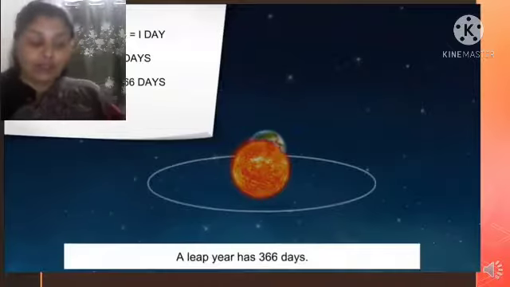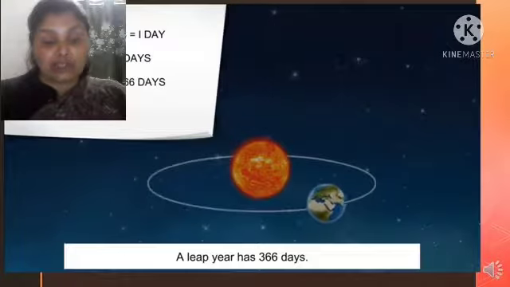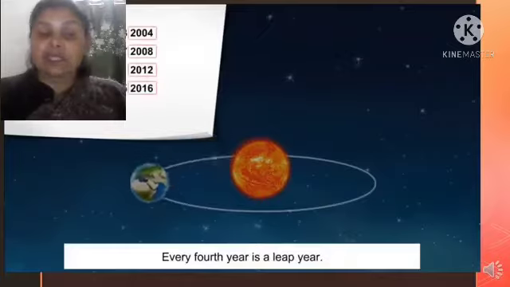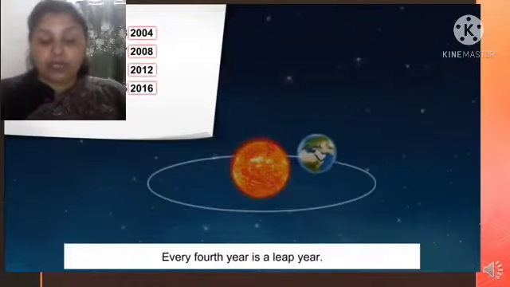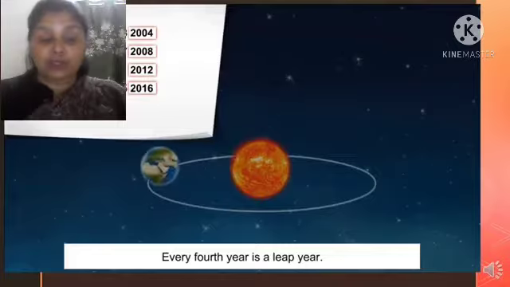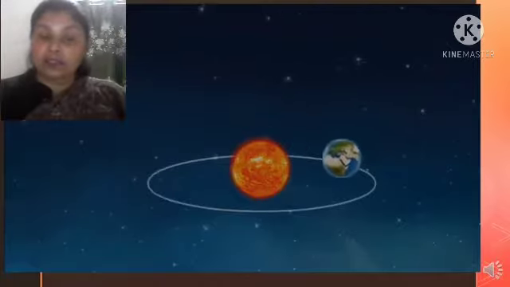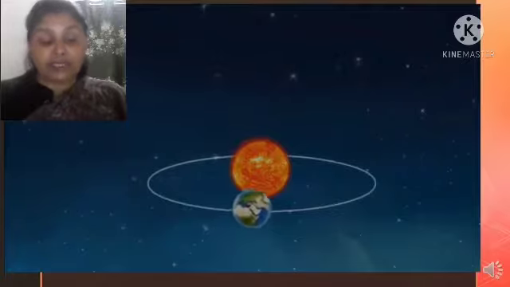Students, an axis is a real or imaginary straight line about which an object moves or spins. The Earth too moves around the Sun on an axis. Not only other planets, even Earth also moves around the Sun on its axis.